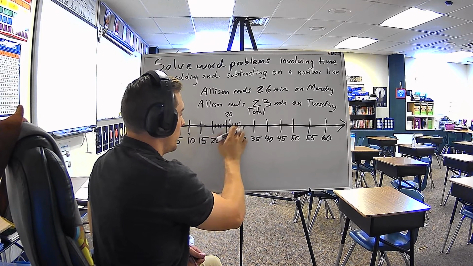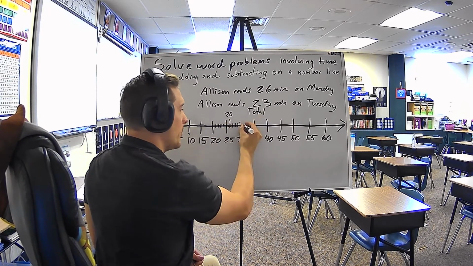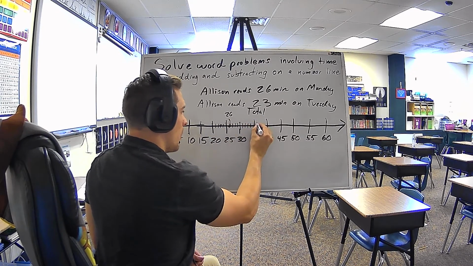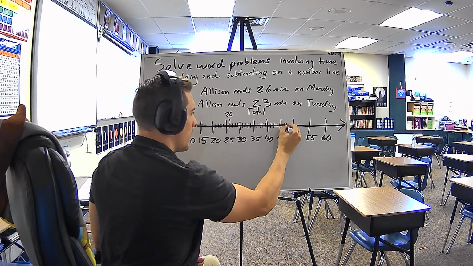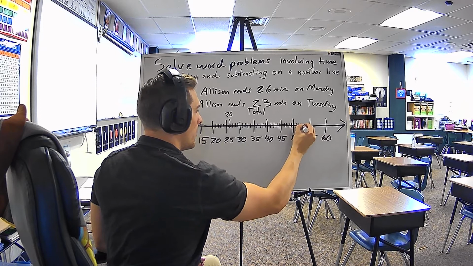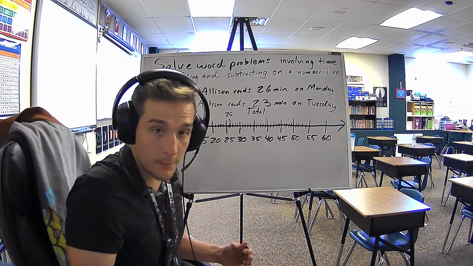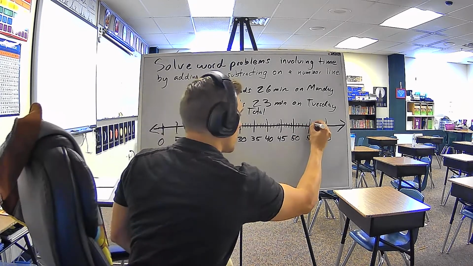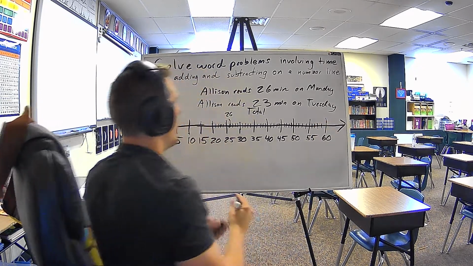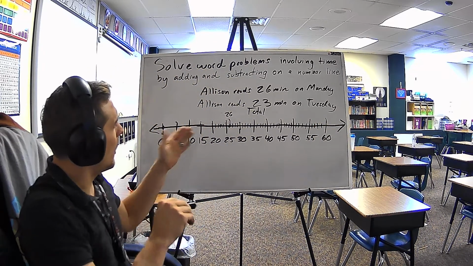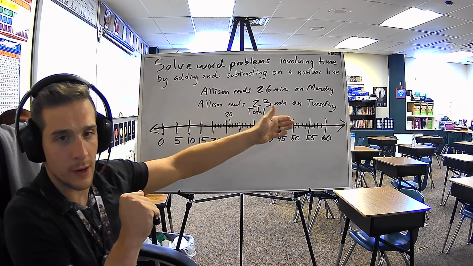So 1, 2, 3, 4. Actually, let me go ahead. I'm going to do some tallies right here all the way up just so that maybe we can try to do our skip counting here. And I don't know exactly how far it is right off the top of my head, but let's see what happens. All right, there we go. So we need to add 23 to this.